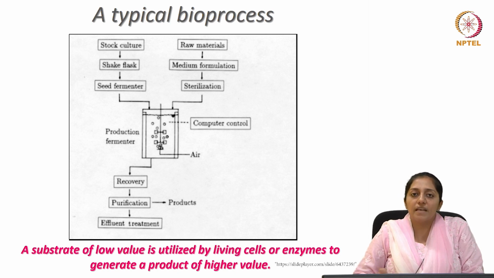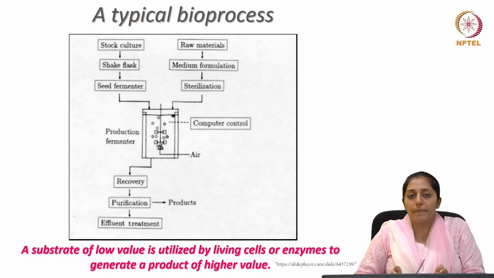There are different ways in which sterilization can be done. This sterilization is also one of the key steps in fermentation technology. After sterilization is completed, the sterile medium with the substrate is fed into the production fermenter, and the production fermenter is inoculated with the starter culture from the seed fermenter.